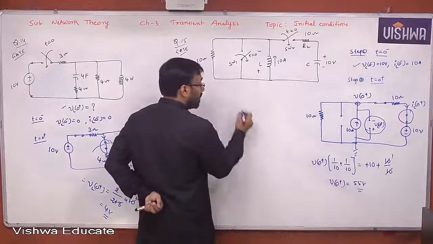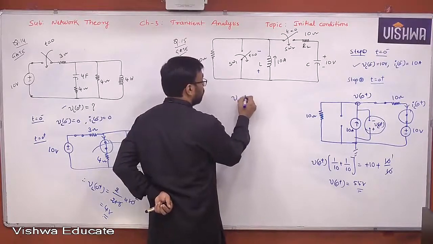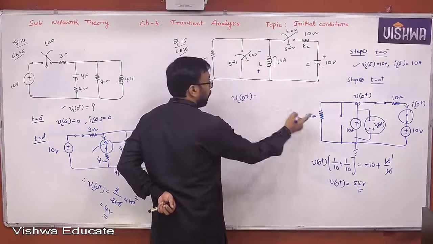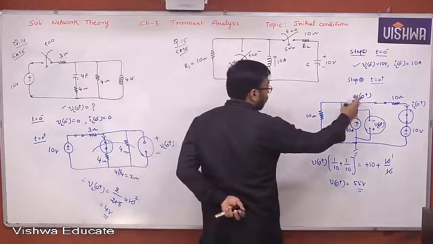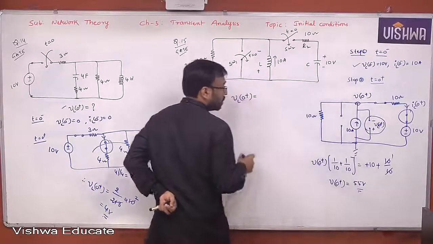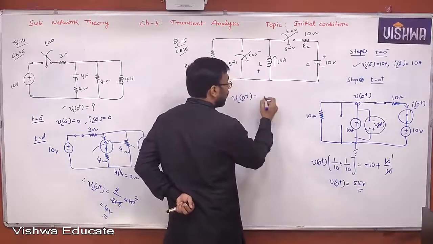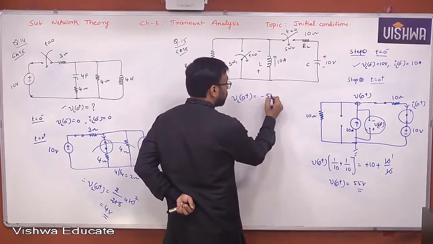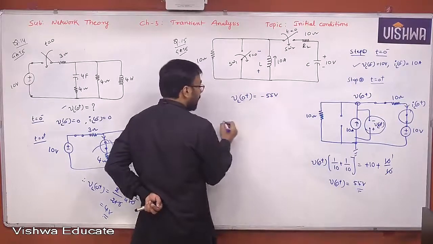So what is VL of 0 plus? V of 0 plus is 55 you got it. But what is VL of 0 plus? You get here minus 55. Okay, minus 55 volts. Now what about IC of 0 plus?